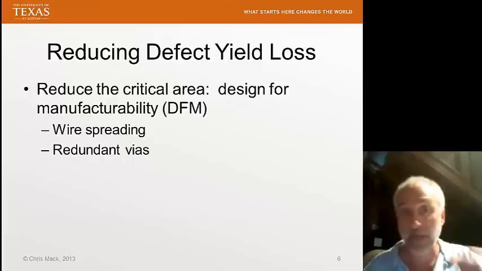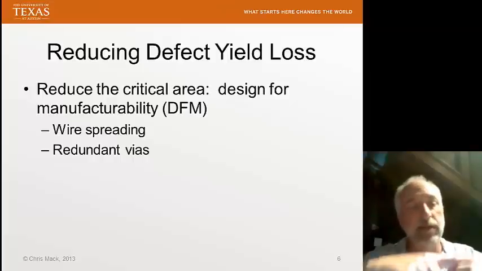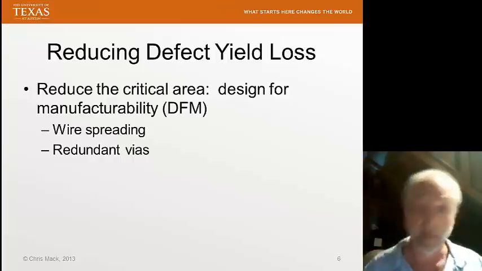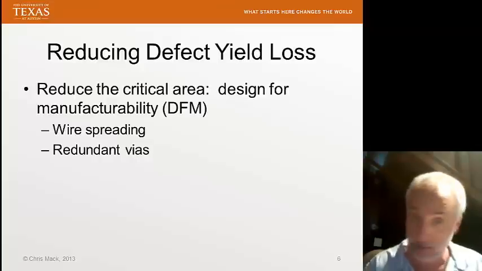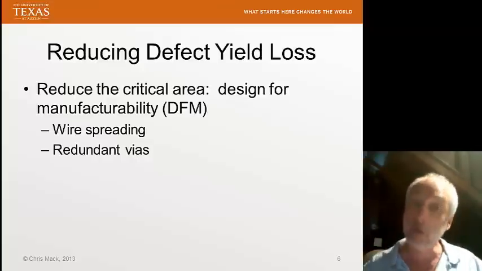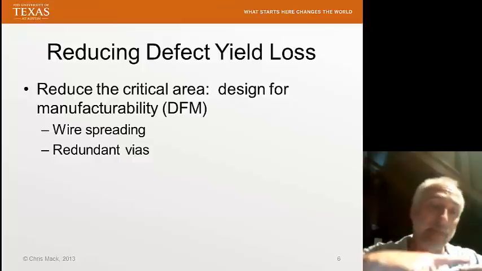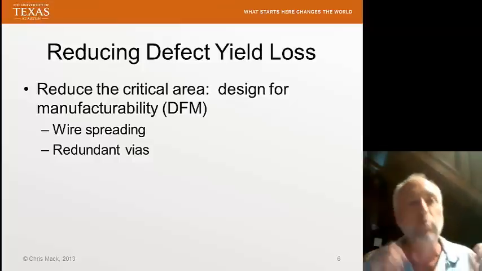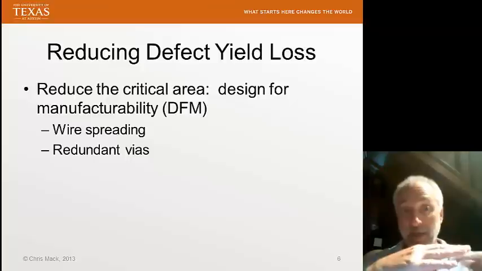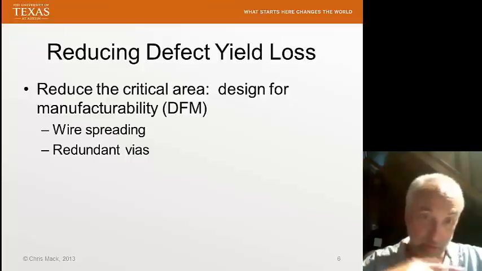Redundant vias. If I'm making a via to connect one layer of metal to another, if a defect lands on that via, boom, it's dead. One dead via means an entire chip is dead. But if I have room, I might be able to overlap the two lines a little bit more and put two vias connecting one level of metal line to another level of metal line.